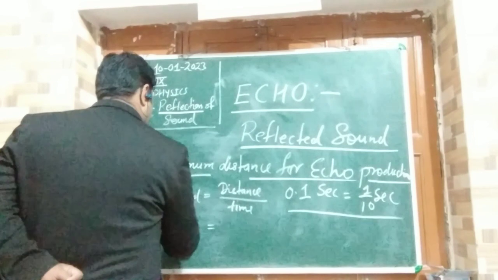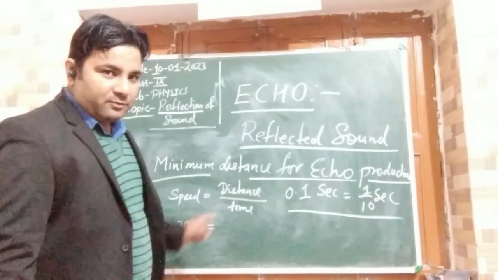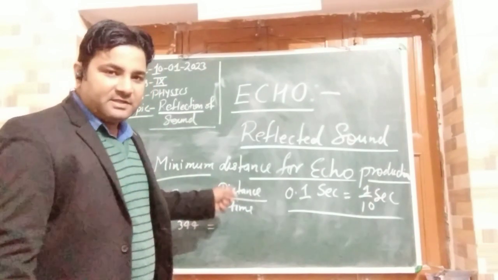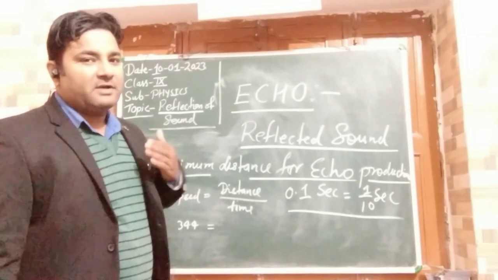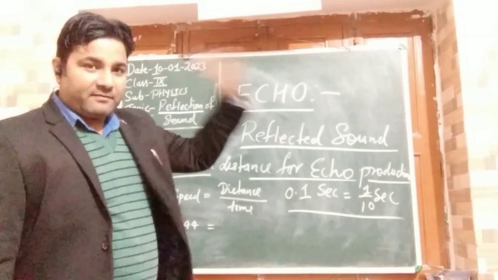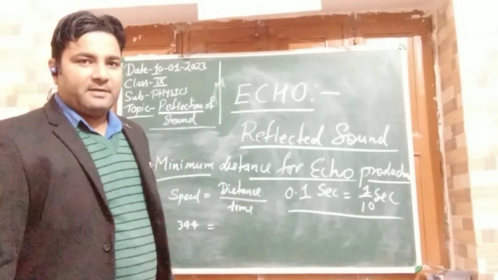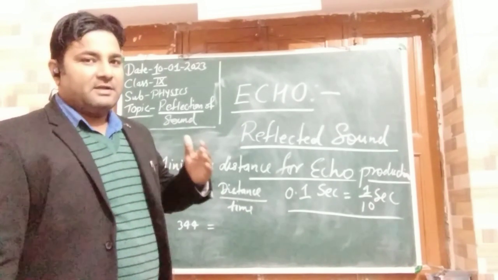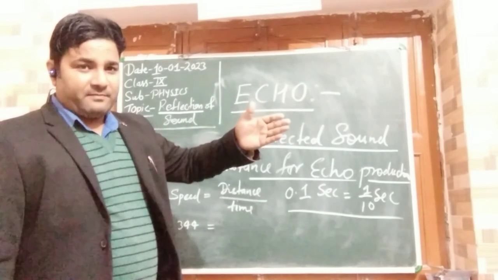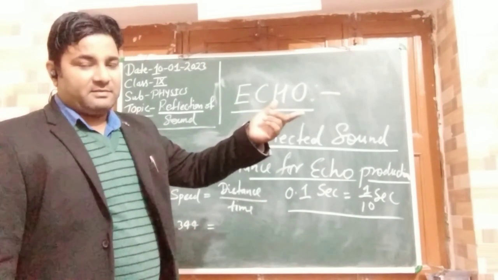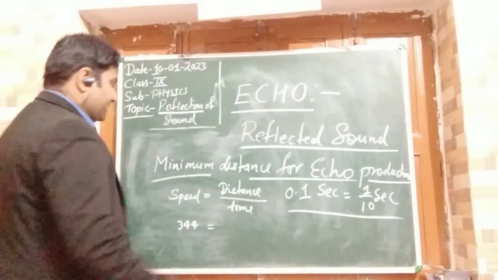So the speed here is 344, and we will use 2 times the distance, because one time when you produce the sound, it travels some distance, and after reflection it travels the same distance back towards yourself. Clear? That is the distance from yourself to that particular rigid support and back towards us.